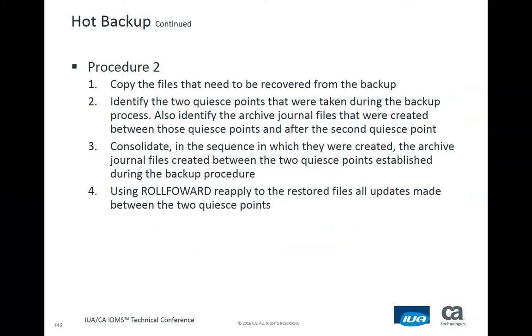In other words, I'm now going to take the database that still has some problems in it because of the hot backup condition, and then I'm going to roll forward to the next quiescence point. Once that quiescence point is finished, I now have a good database. In other words, there should be no broken pointers, and the contents of the database should be something that your applications would be able to use.